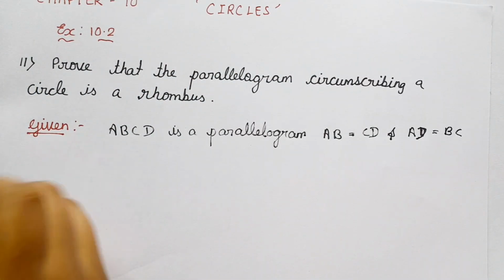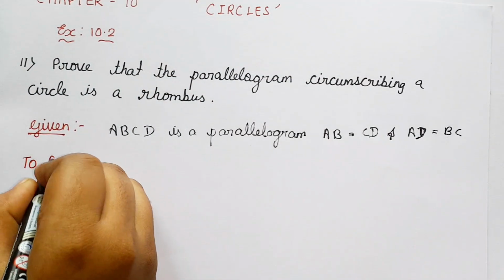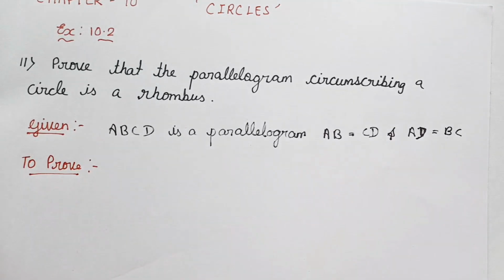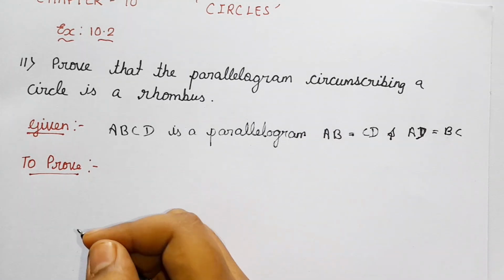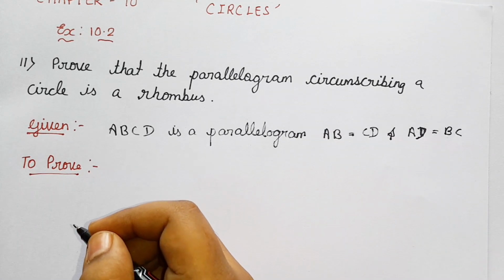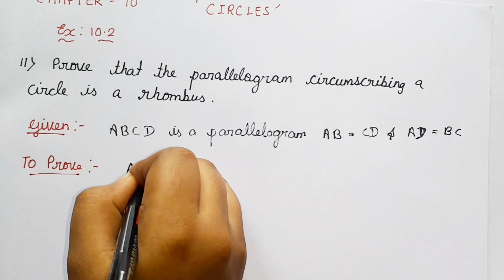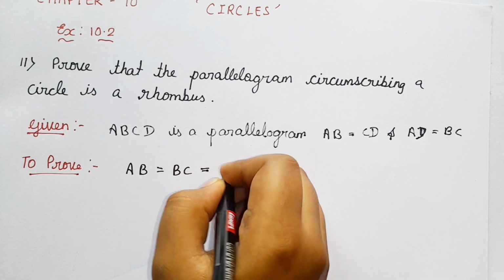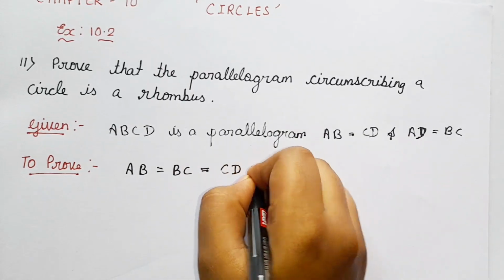So what are we supposed to prove? To prove, we are supposed to prove that AB is equal to BC, and BC is equal to CD, which is equal to AD.